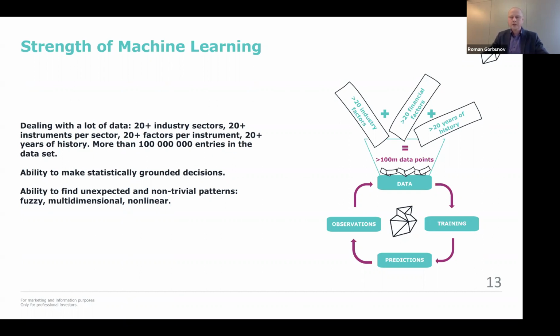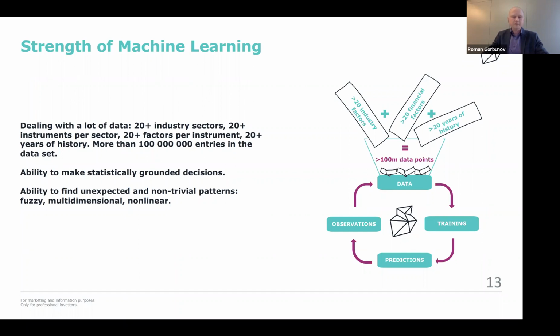Among the other strengths of machine learning, I would like to mention that we always identify patterns with a backup of statistical tests. So basically, we are always very confident about the presence of those patterns, and we are sure, thanks to the statistics, that the patterns that we find in the data are not just by chance, they are not random, and they really exist in the data set.